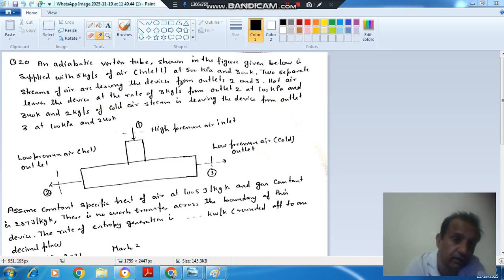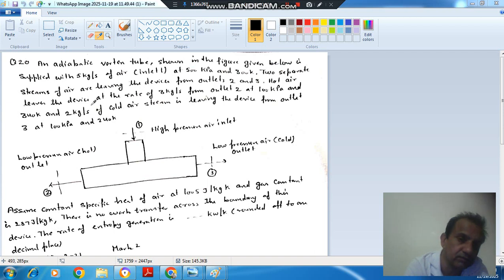Question number 20: a vortex tube shown in the figure given below is supplied with 5 kg per second of air at inlet 1, at 500 kPa and 300 Kelvin. Two separate streams of air are leaving the device from outlet 2 and 3.